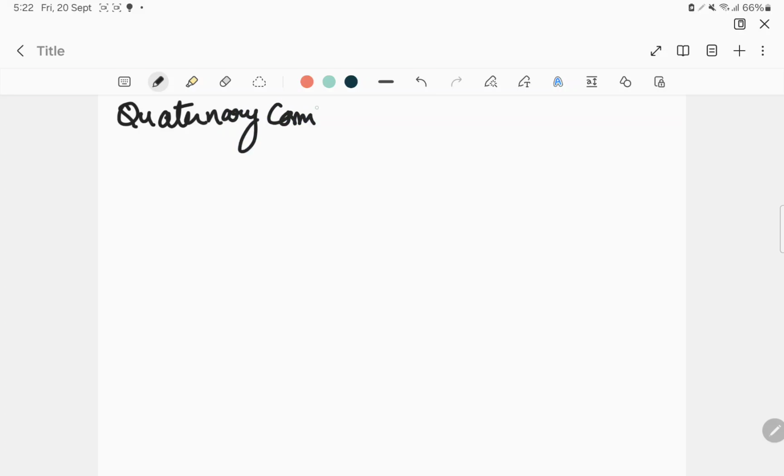Quaternary compounds. In this, they all are bonded to some elements. For example, we can take the example of NH4I.